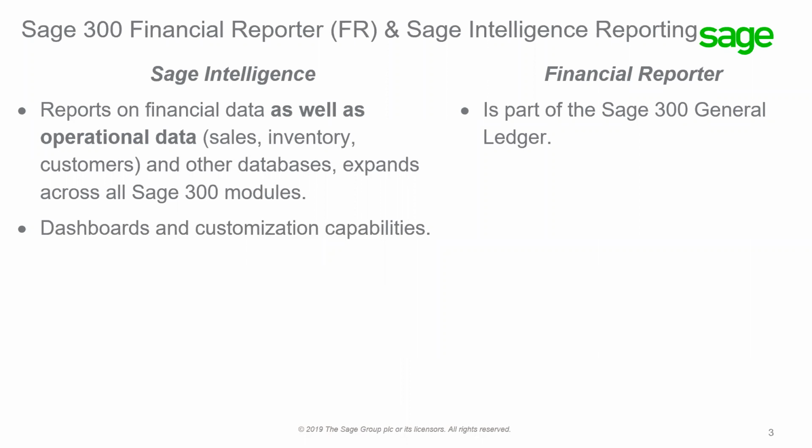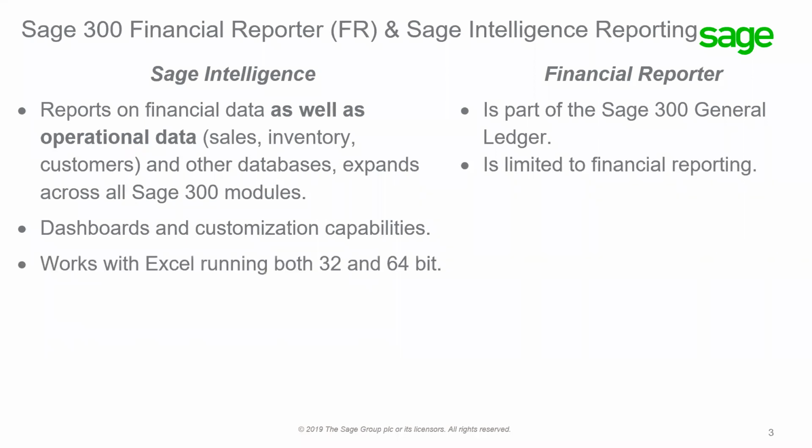So you can take any information from your Sage 300 modules, and you'll soon find out from other data sources, and you can create beautiful dashboards that really give you important information on your business. Financial Reporter is financial reporting, which is very important, but of course we all want to look across our business to know what's going on with our business, right?